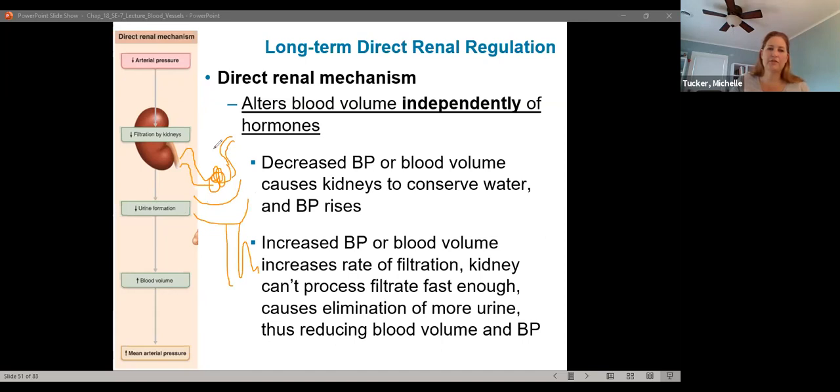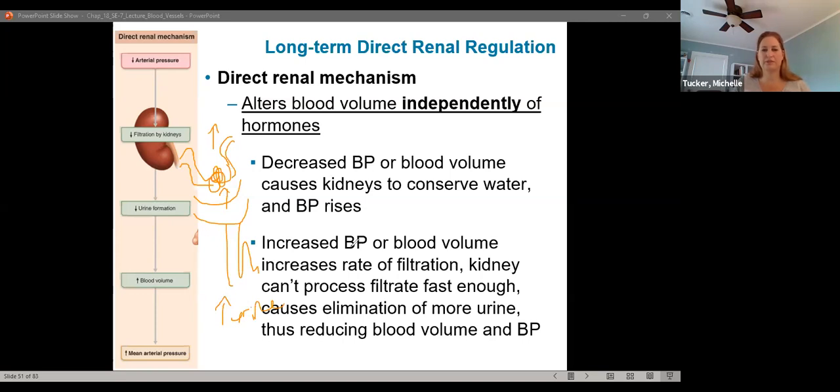So if you increase blood pressure, you will increase filtrate formation, and you'll exceed the ability of these tubules to reabsorb, and you'll increase urine output. When you lose fluid, you lose blood volume, and that will cause a decrease in blood pressure.